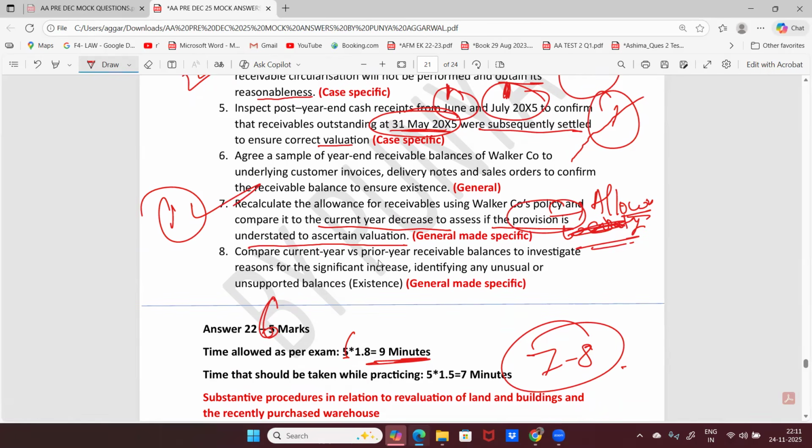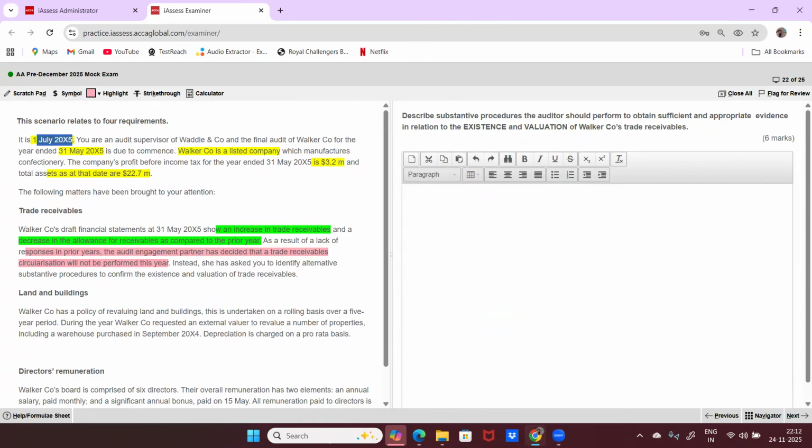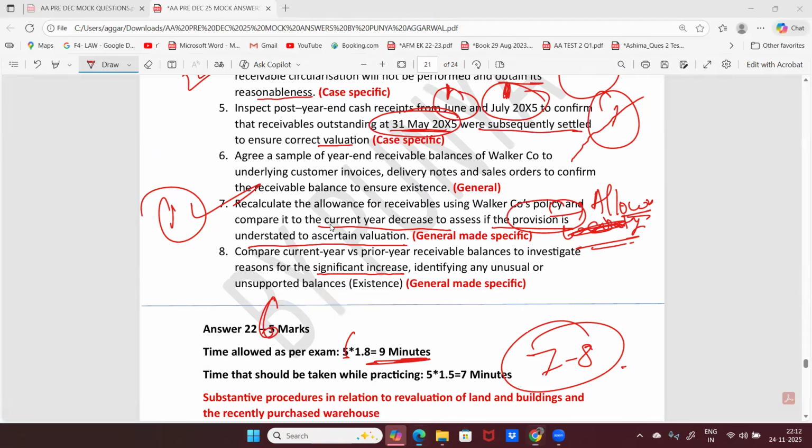Next, compare current year versus prior year receivable balances to investigate significant reasons for significant increase. So now they also said that there is an increase in the trade receivables. They said right here that there's an increase in trade receivables. So again, I'm not just going to write to compare the significant differences. Of course, there is significant decrease and significant increase, right?